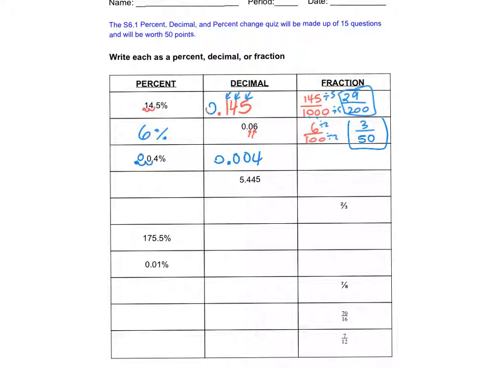And that, as a fraction, would be 4 over, we have 1, 2, 3 place values. So you have 1, 2, 3 zeros. 4 over 1,000 simplifies to 2 over 500, which then can be simplified even further to 1 over 250.